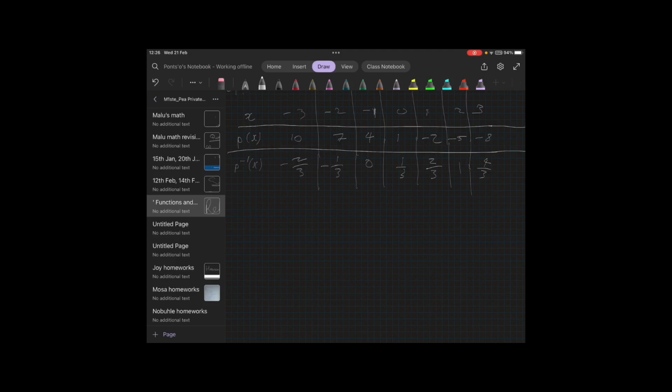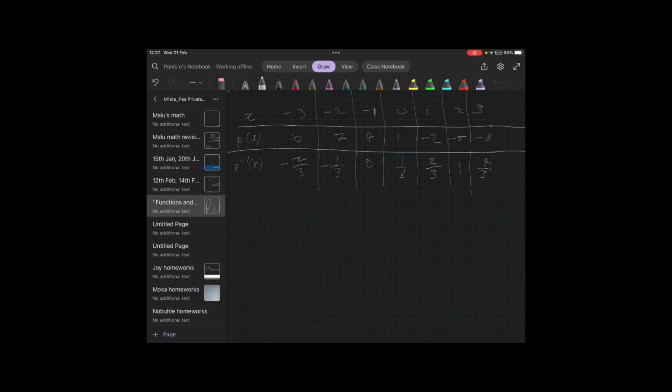When x is negative 1, y is 0. Wait. You know which one I used? I used this one. So now I'm using the other one, negative 1 over 3 times x minus 1.